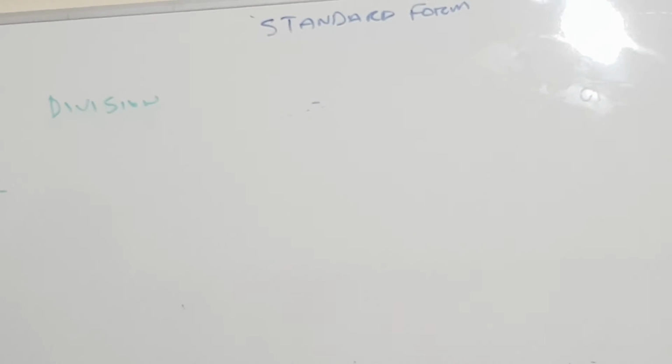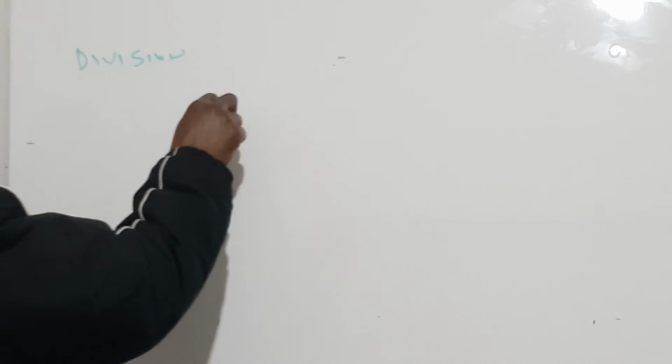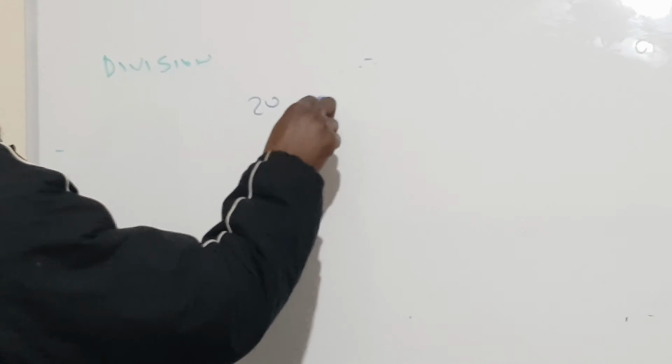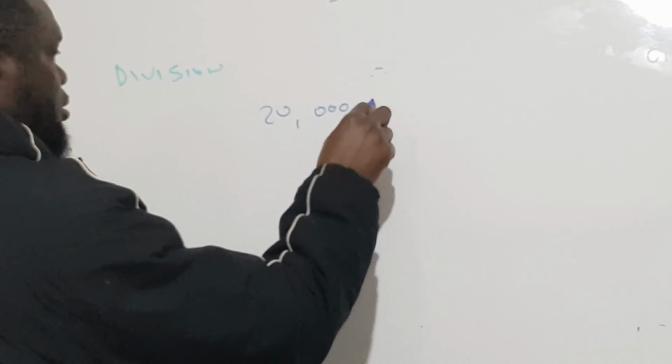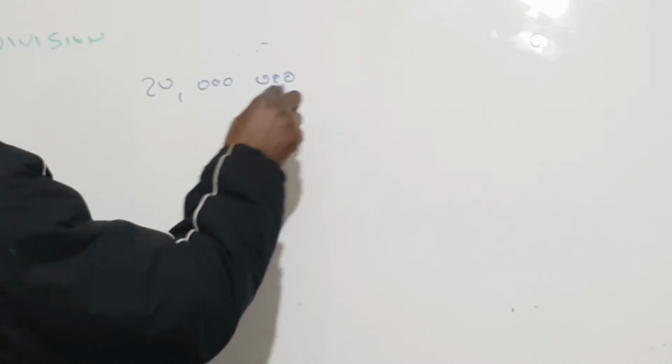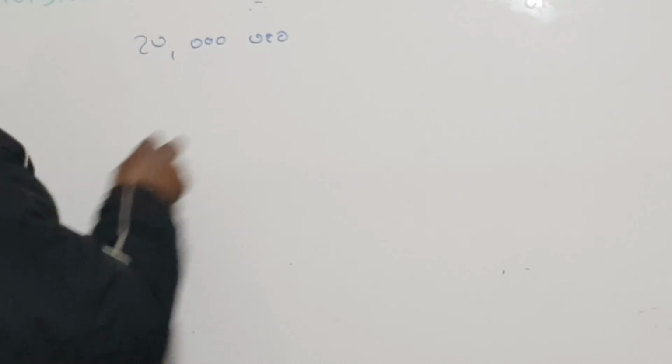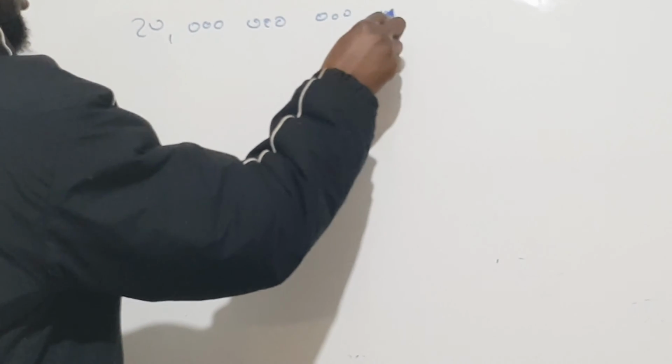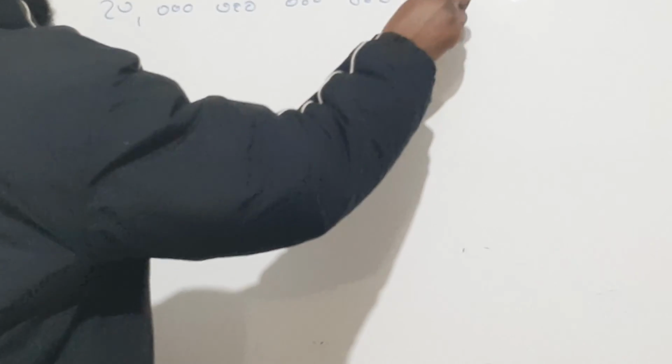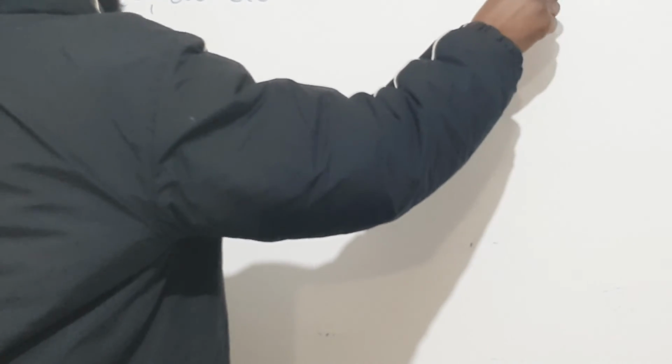A typical adult has 20 trillion red blood cells. Wow, 20 trillion, isn't it? How many zeros is a trillion?